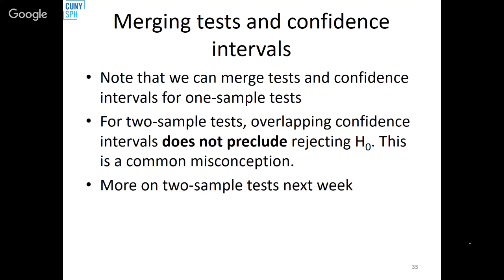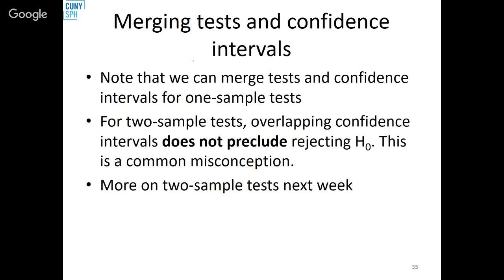And we can do that for one sample tests, but for the two sample tests that you'll do after the exam, it's not the same thing. Two overlapping confidence intervals does not mean that you won't reject the null hypothesis.